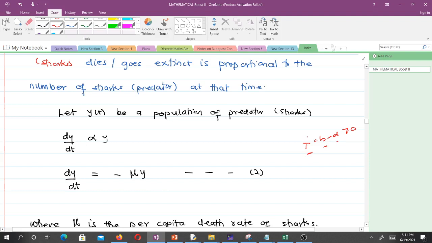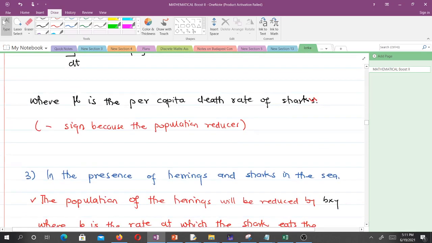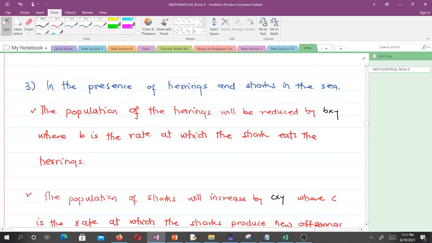But in the case of equation 2, mu, which is equal to b minus d, will be less than 0 because the deaths will be more than the births. So that gives us equation 2, where mu is the per capita death rate of sharks, and the minus sign is there because the population reduces. The third case we can consider is in the presence of herrings and sharks in the sea.